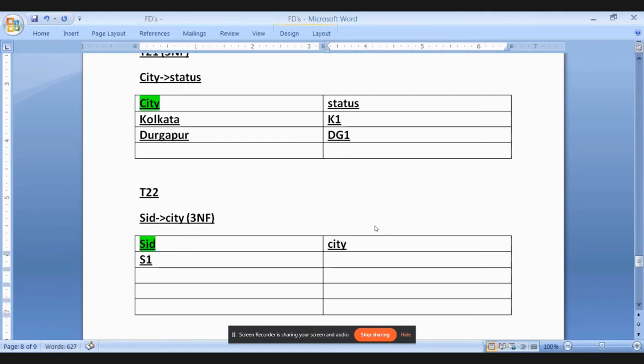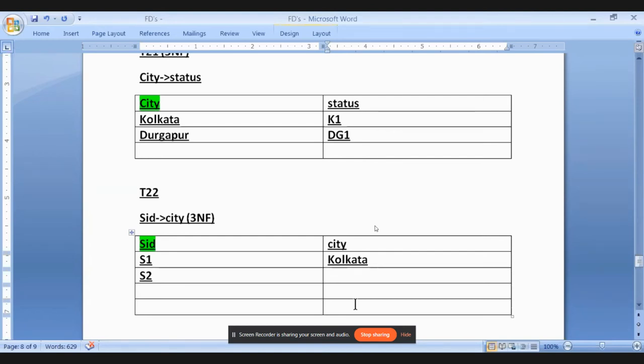S1 stays in Kolkata. S2 stays, suppose, in Kolkata. Then is it repetition? Is it redundant? No, it is not redundant. This repetition is there because I have to keep Kolkata, Kolkata. Because if I remove this, then where does S2 stay? That information is lost, isn't it? I cannot find it out from anywhere else.